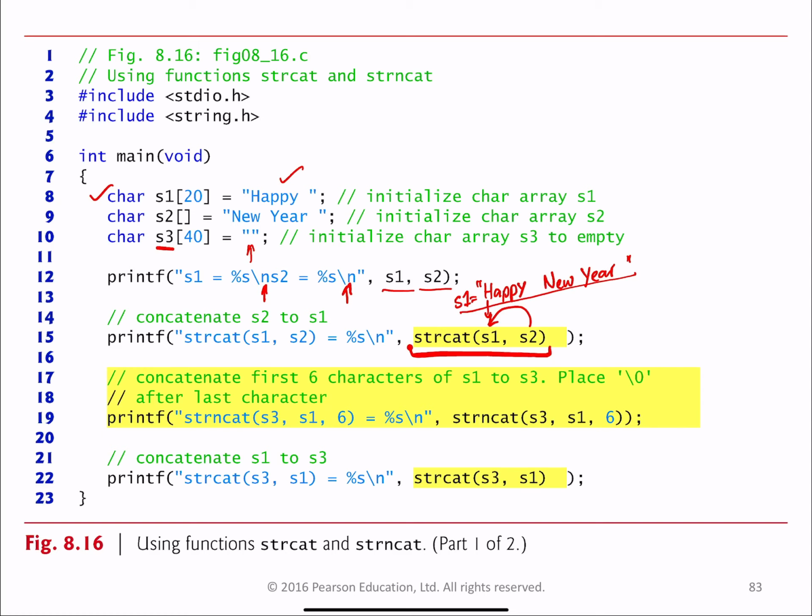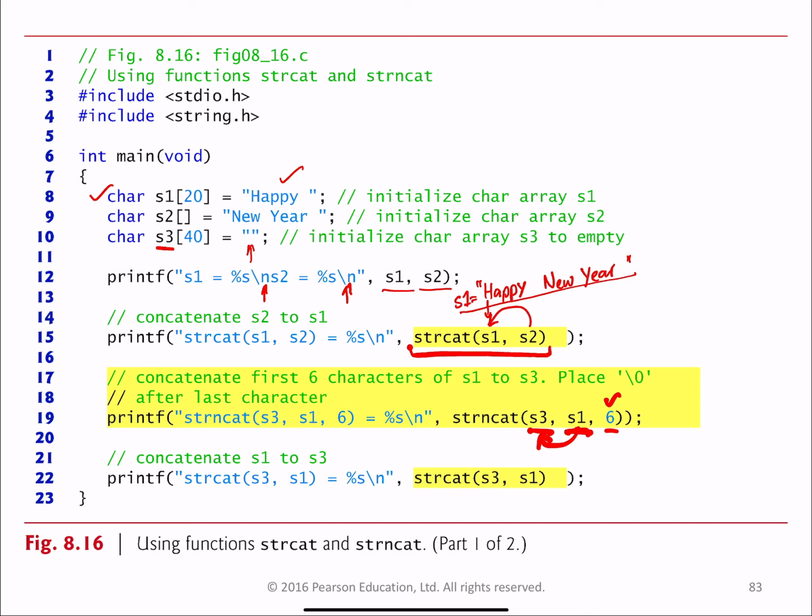Then I also call strncat with S3, S1, and 6 as arguments, meaning I copy the first 6 characters from S1 to the end of S3.